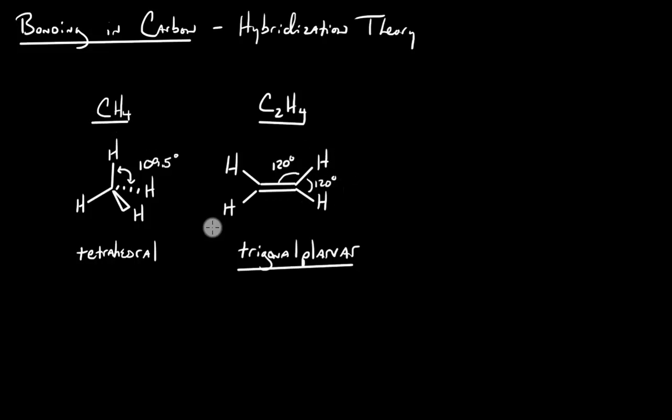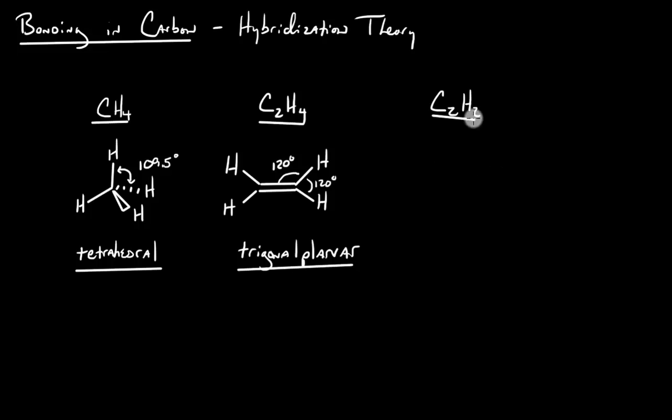We'll talk about them in more detail later. For this trigonal planar geometry, this is a scenario where you get not just single bonds, but a double bond as well. This is what you would see if you had a carbon to carbon double bond or carbon to some other atom double bond.